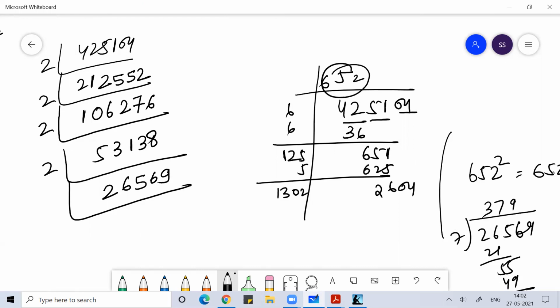Then divide by 2, I'll get 106276, then 53138, divide by 2, 26569. 7 से नहीं जा रहा। फिर 11 से जाएगा क्या? नहीं जाएगा। 13 से जाएगा क्या?